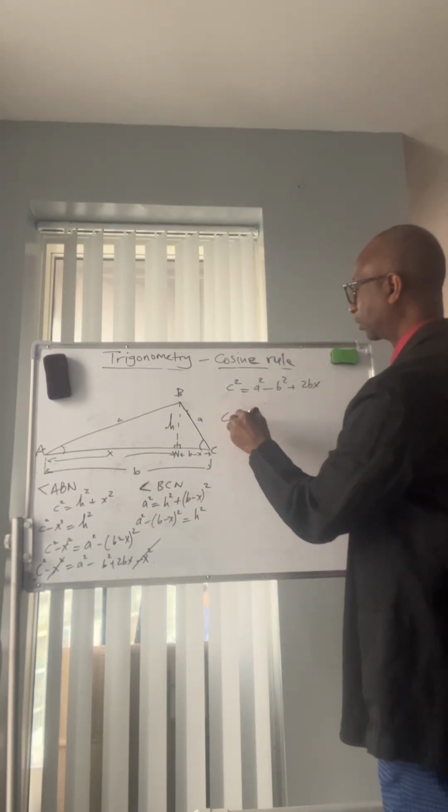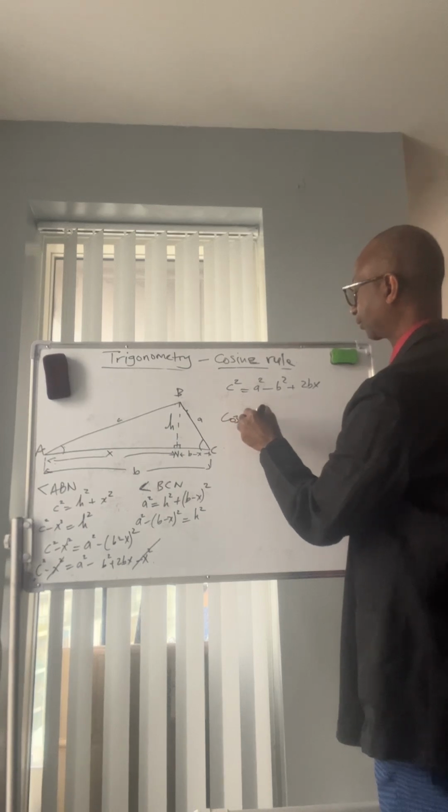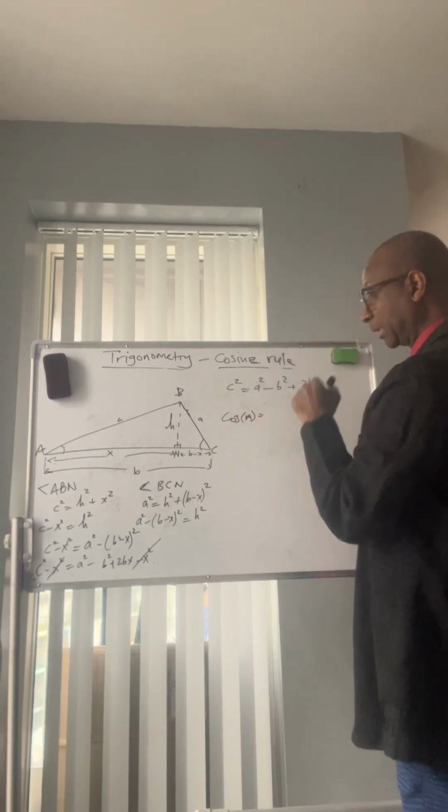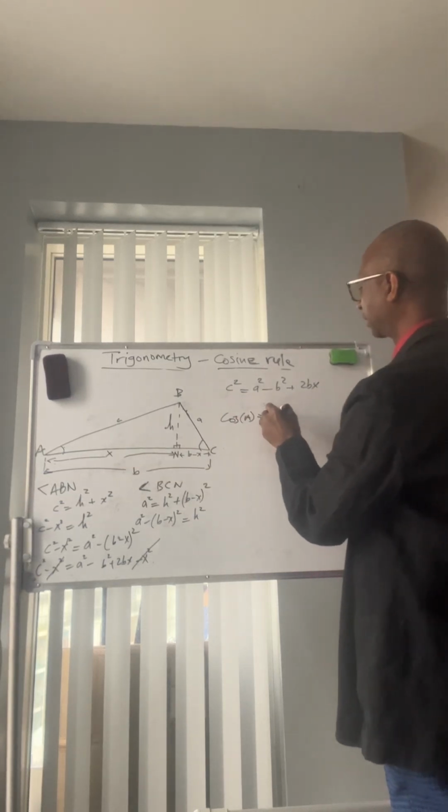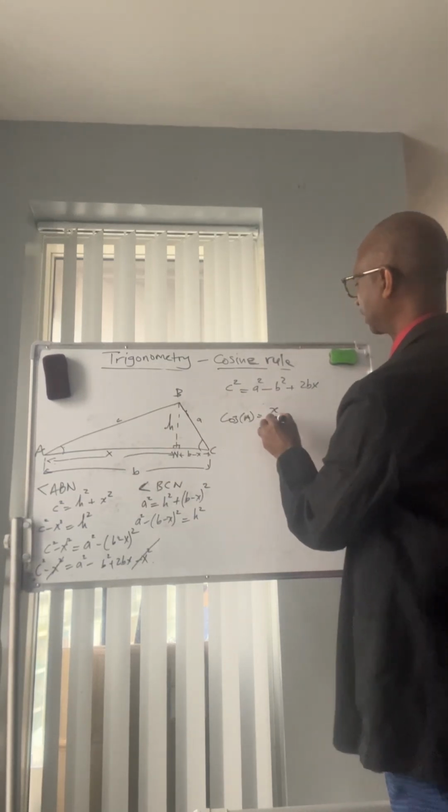So we know cosine of A is equal to the adjacent over the hypotenuse. So the adjacent, which is x, over the hypotenuse, which is c.